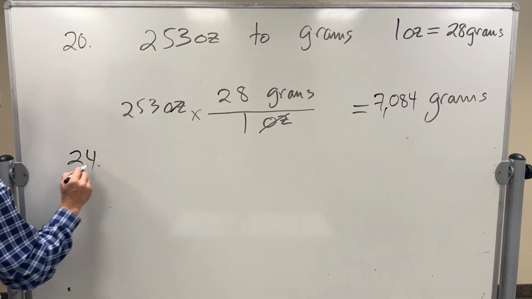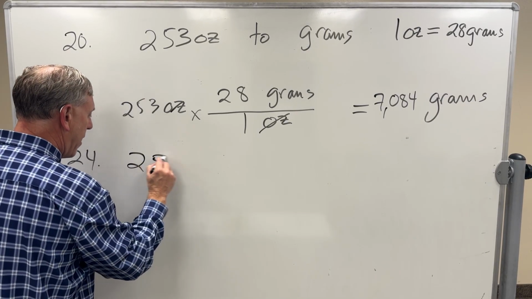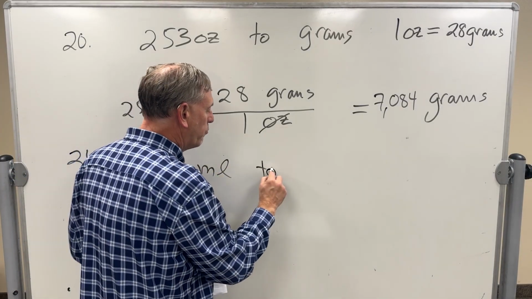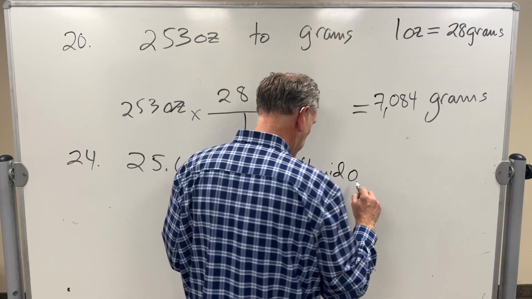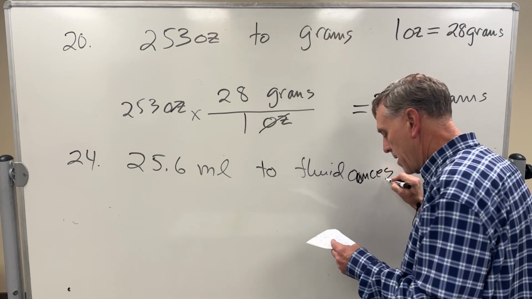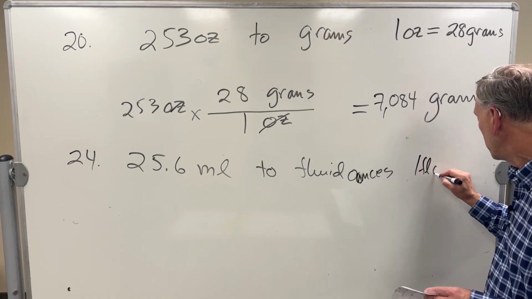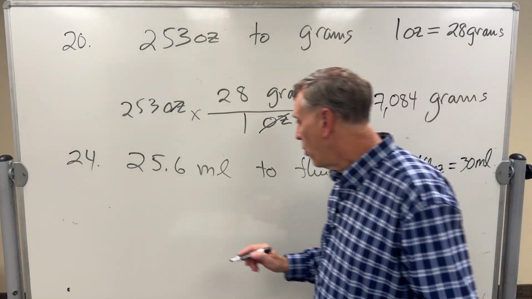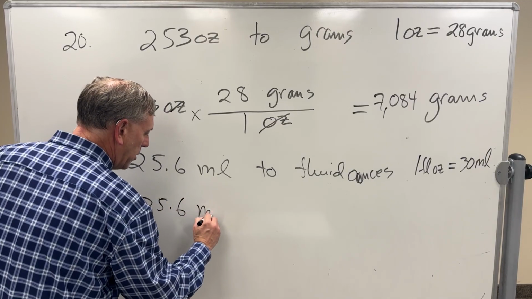All right, and that leads to one final example here. This is number 24 in that section, and this is a measurement of volume, 25.6 milliliters, and we want to convert that to fluid ounces. And so we need to know that 1 fluid ounce is equal to 30 milliliters. All right, so we're going to start with this number, 25.6 milliliters.